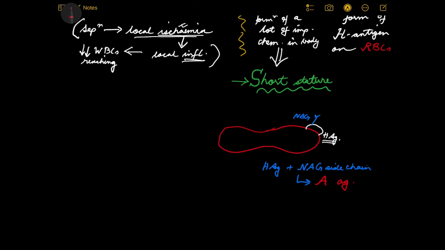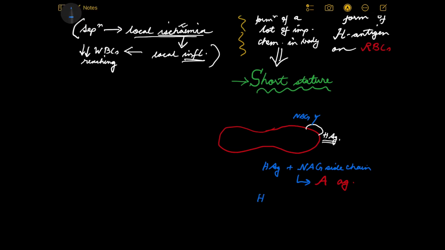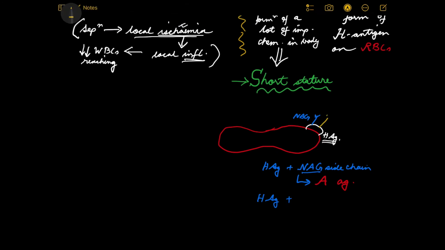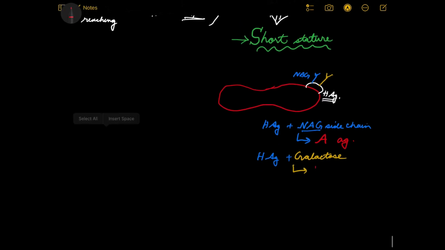Okay. Whereas if H antigen does not have N-acetyl galactosamine but rather has a galactose side chain, then it is called B antigen.